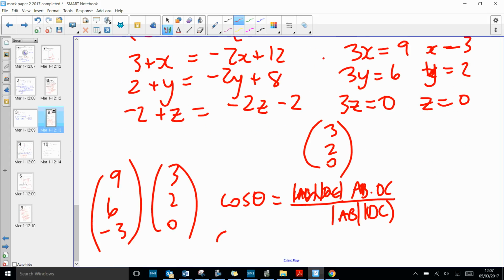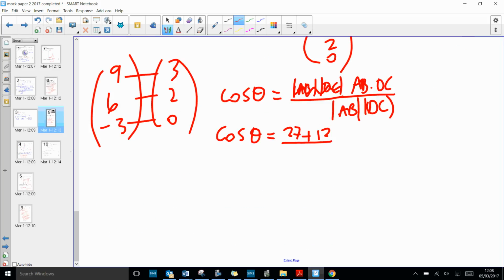So cos theta equals the dot product, remember, you multiply each of the terms and add them. So that's 27 plus 12, and the modulus of AB is the square root of 9 squared plus 6 squared plus negative 3 squared.